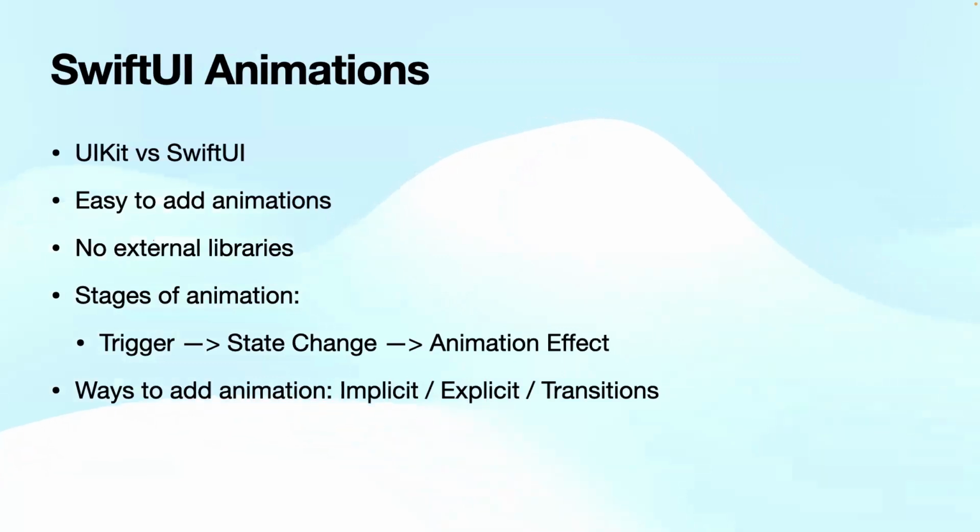Then the animation occurs in response to the property change in the view. There are multiple ways to add animations in the app, with implicit animations, explicit animations, custom animations, transitions, and so on. There are also different ways you can control the animation, such as speed and the way the animation takes place on your screen.